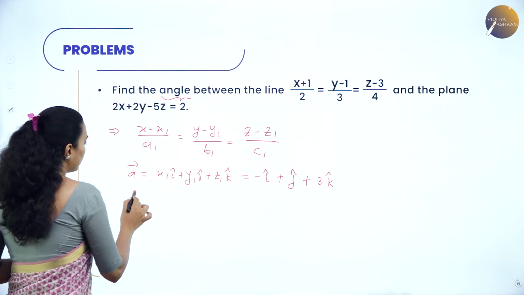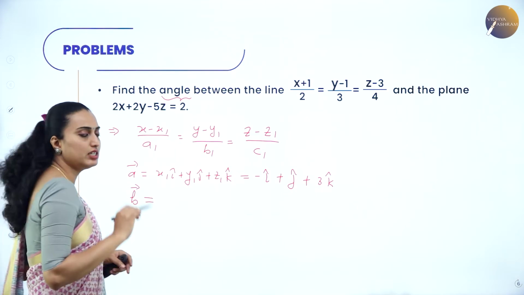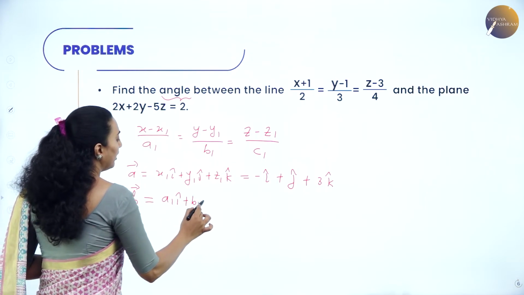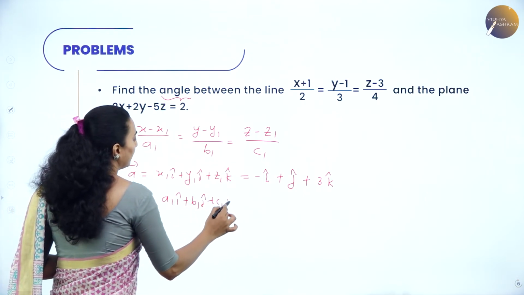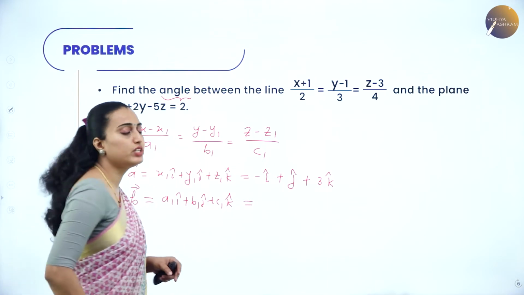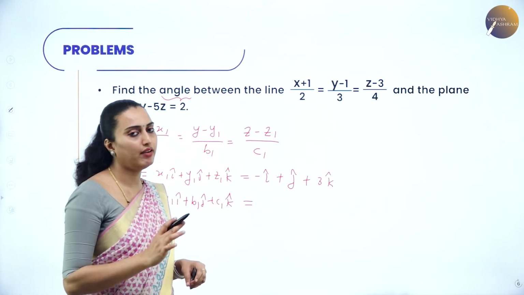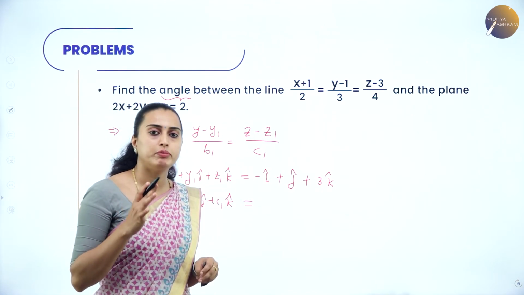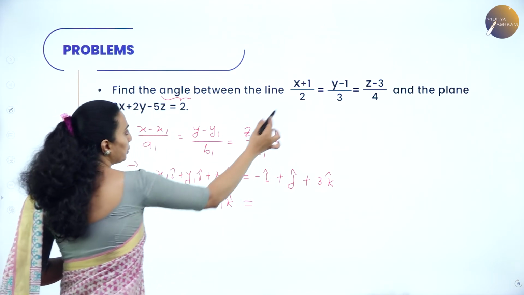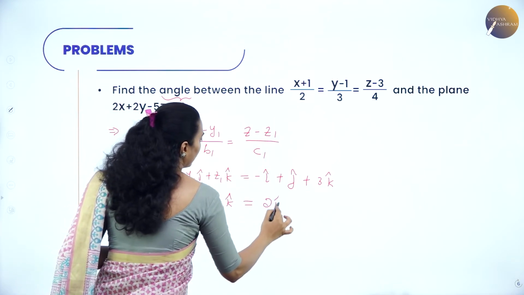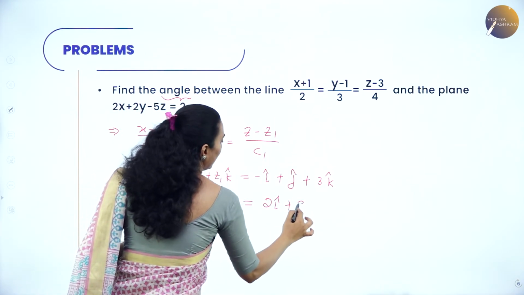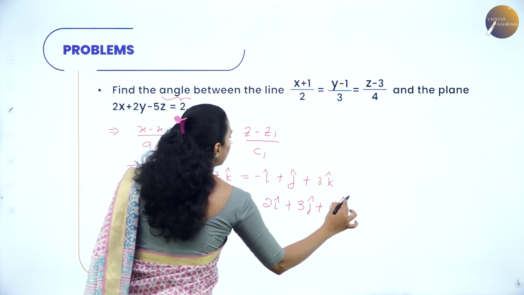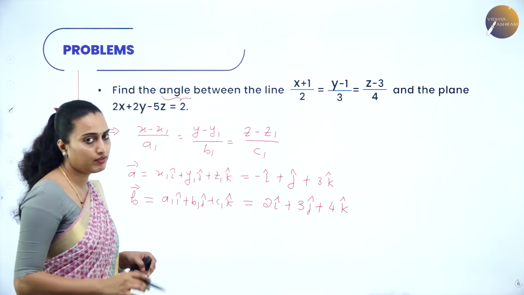Similarly, what is the b vector? So the b vector is nothing but a1 i plus b1 j plus c1 k. What are a1, b1, c1? The denominators, whatever values you are having, that is a1, b1, c1. So therefore 2 into i plus 3 into j plus 4 into k. That's it. So now what is the vector form?